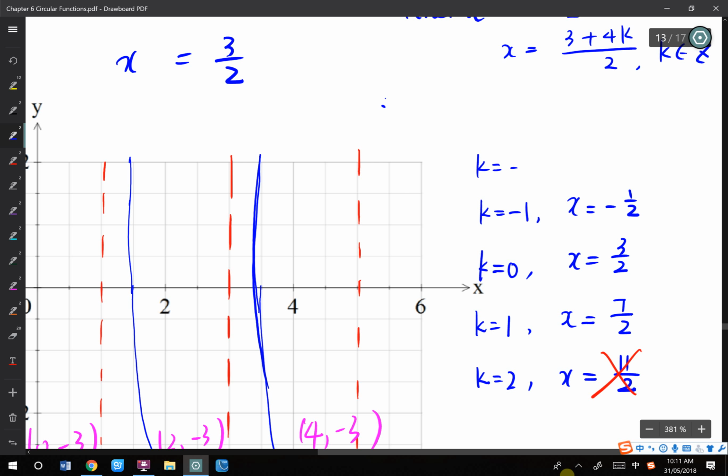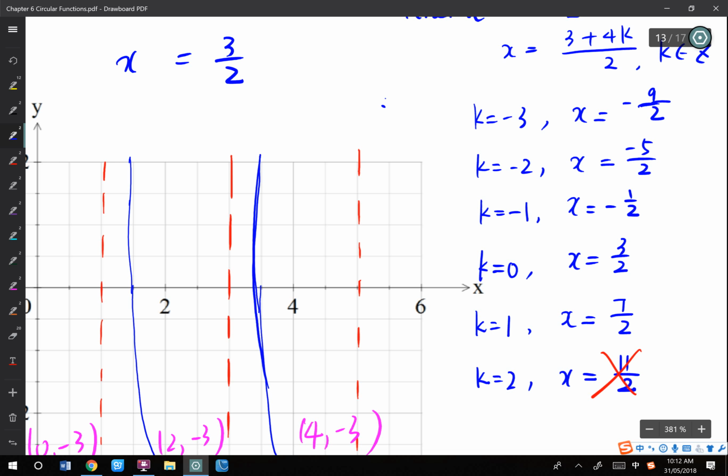k equals -2, x equals -5/2. k equals -3, x equals -9/2, 3 minus 12 over 2, that's -4.5. I'm not going to have another one, because it will go out of the domain, only 0.5 away from the restricted domain.